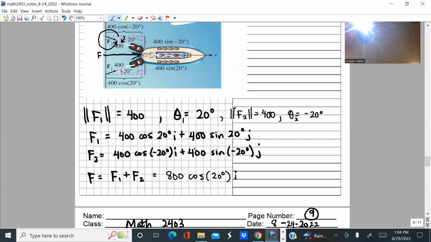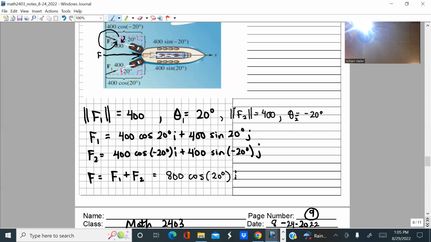So these two signs are just opposite of one another. So guess what's going to happen when you add these two terms together? They cancel, right? They just cancel exactly. So you're left with, there it is, 800 times the cosine of 20 degrees times I. That's it.